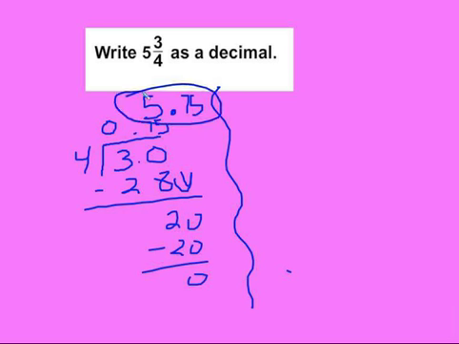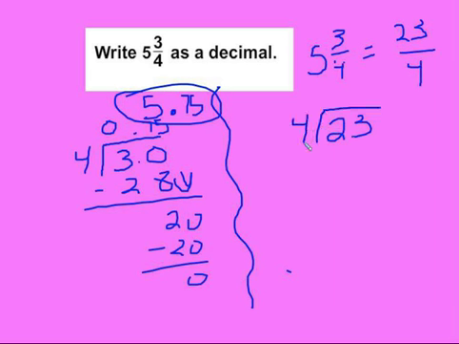The other way is to circle method and get an improper fraction. Well, I know that 5 3/4 is going to be equal to 23/4. So then I can go, well, that's 23 divided by 4. 4 goes into 2 0 times, but it goes into 23 5 times. That's going to be 20. Bring down the 3.